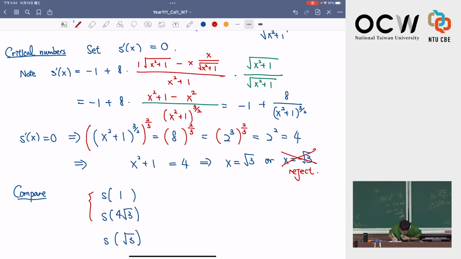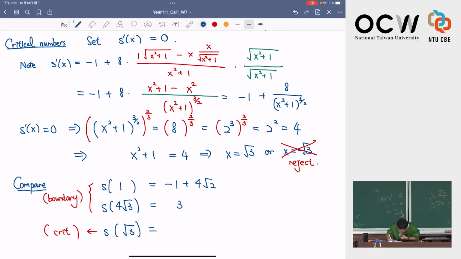So these two are the boundary. This one is the critical number. And you have already computed a function in S, so you just plug this number in, and I will let you check the outcomes are respectively -1 plus 4 root 2, and then 3 root 3.